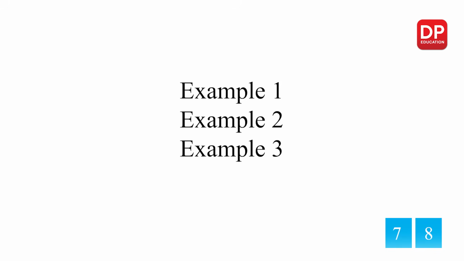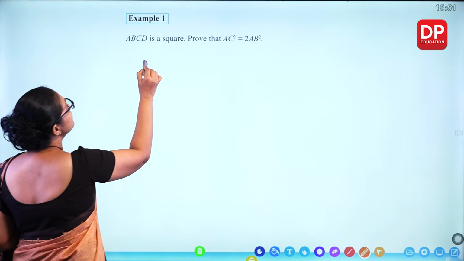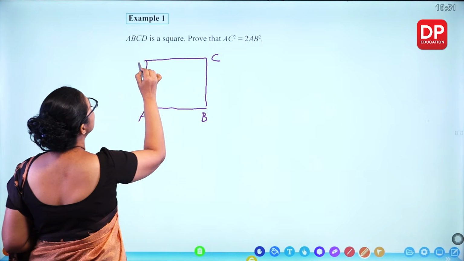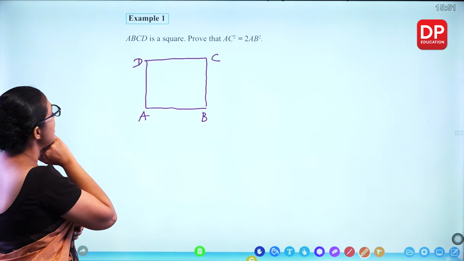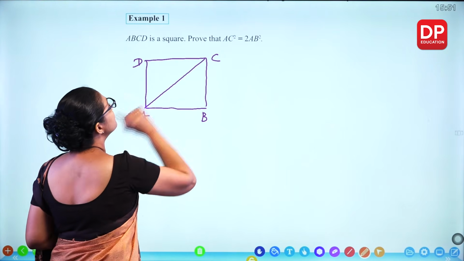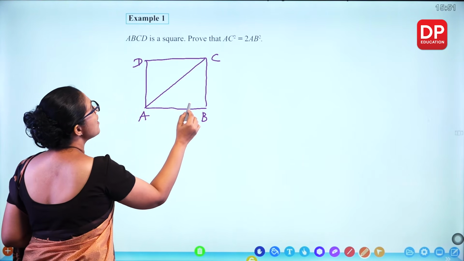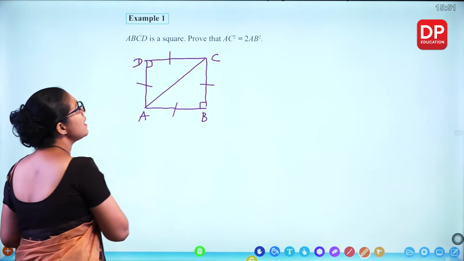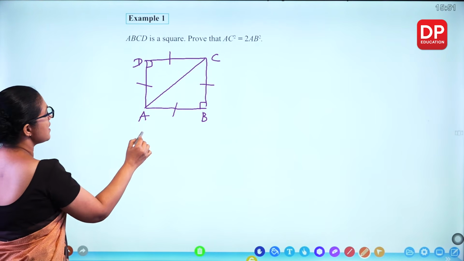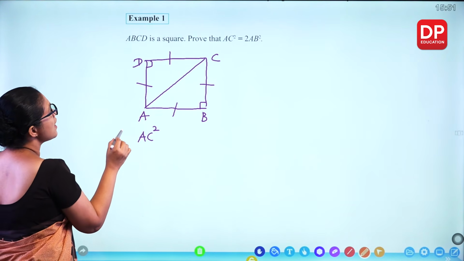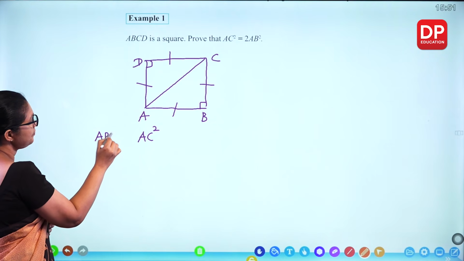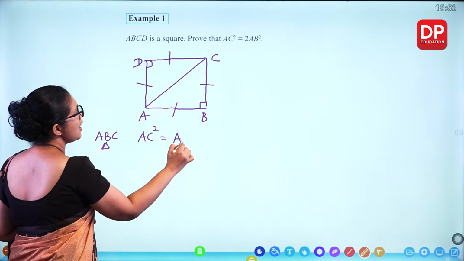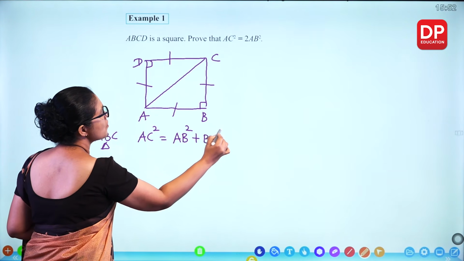Example number 1. ABCD is a square. Prove that AC squared is equal to 2AB squared. In a square, all sides are equal. So what can we write as AC squared? If you use triangle ABC, AC squared is equal to AB squared plus BC squared.